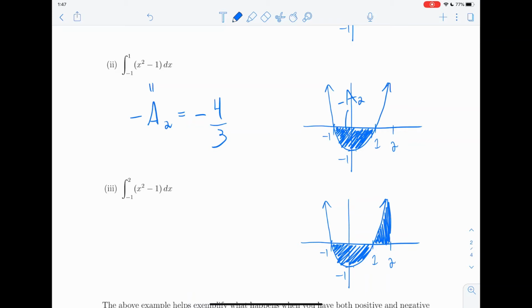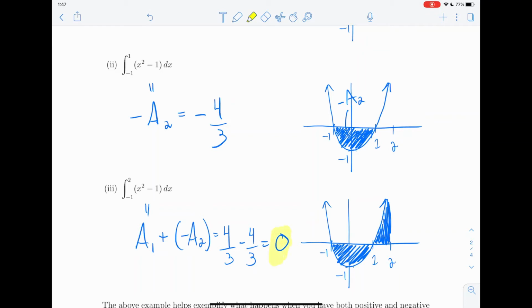Notice that this is going to be this area underneath it, which was negative A2, and the area over here to the right, which is positive A1. This is going to be equal to A1 plus negative A2, which in this case is 4/3 minus 4/3, which is a 0.